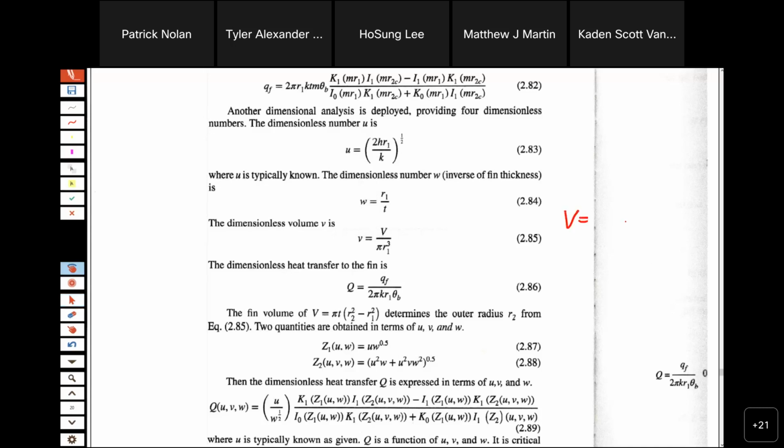Volume is pi R2 square minus pi R1 square times T. Everybody understand? Say yes. Yes, sir. Say yes if you understand. Yes, I understand. Another student?